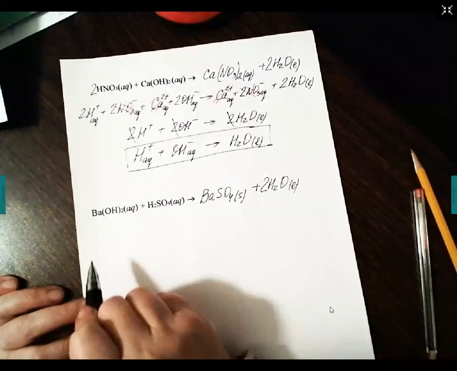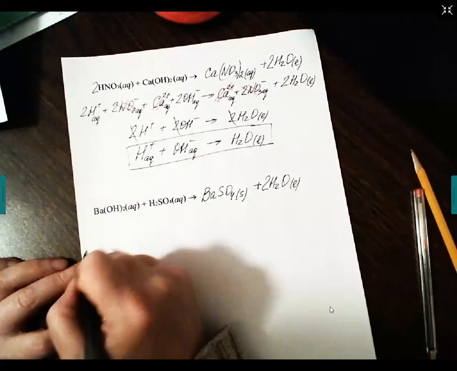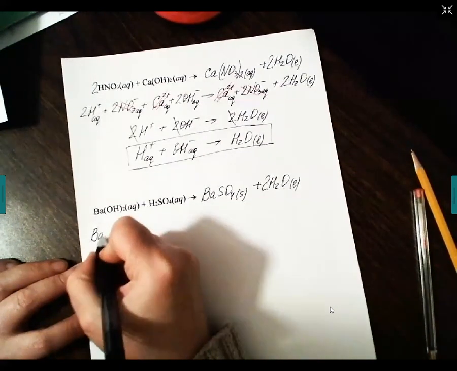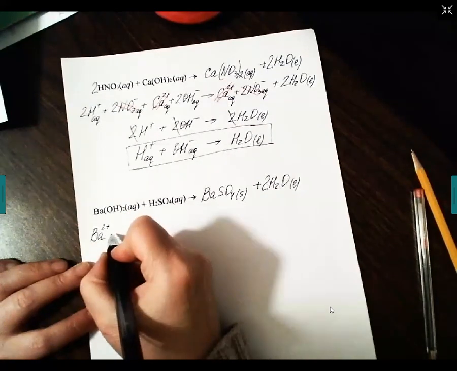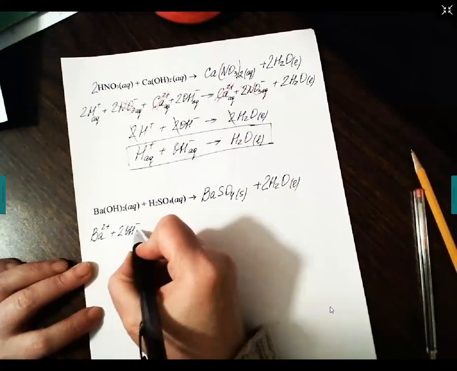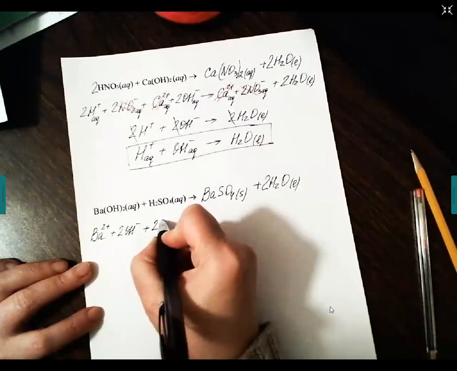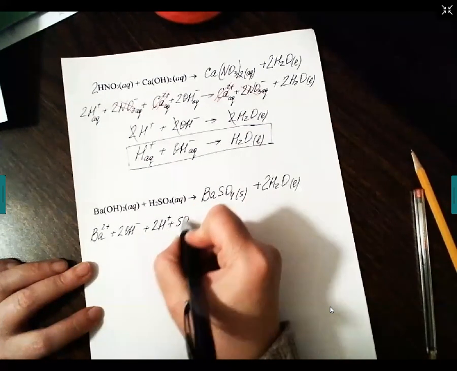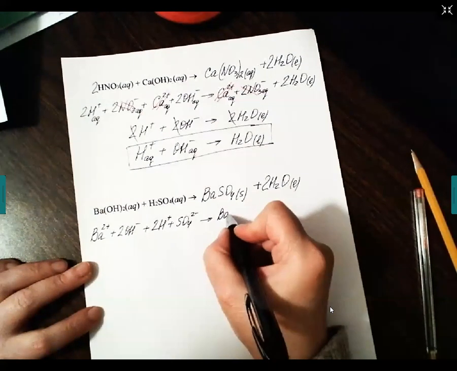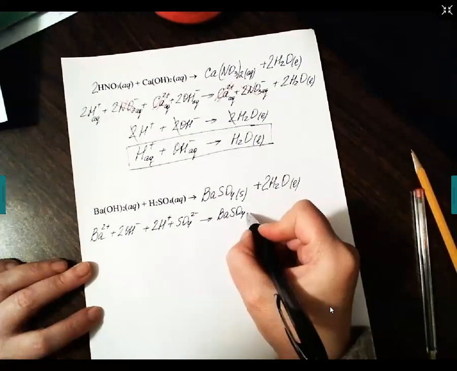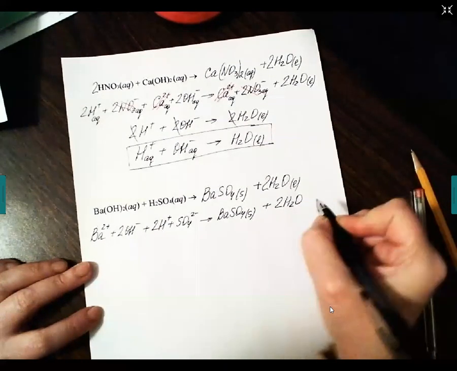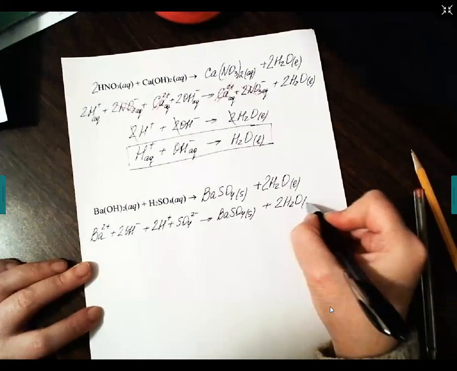Now let's try to write the complete ionic. So we can break this: barium 2 plus, 2 OH minus plus 2H plus plus SO4 2 minus, and it is barium sulfate, insoluble, plus 2 water molecules, liquid.